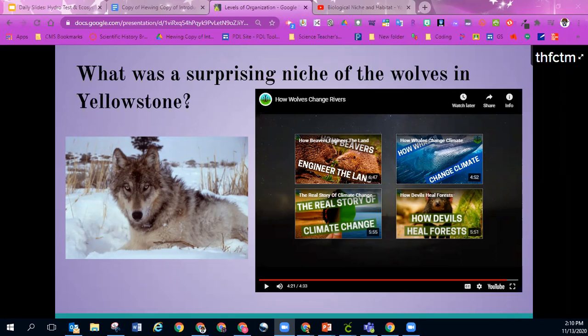Just by introducing one predator, it completely changed the surface. It's surprising that wolves eating other animals could change the way rivers go. Yes, I definitely agree. That definitely caught me off guard when I watched it the first time. Anybody else have anything else you want to share?